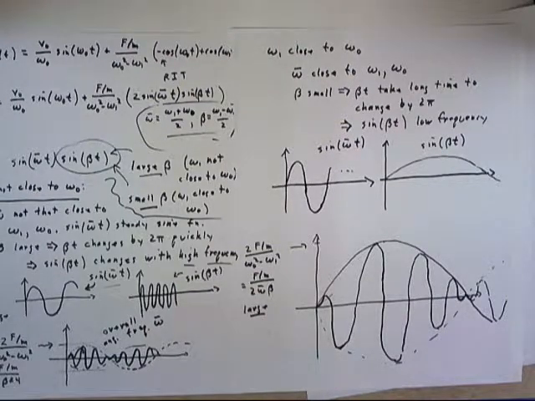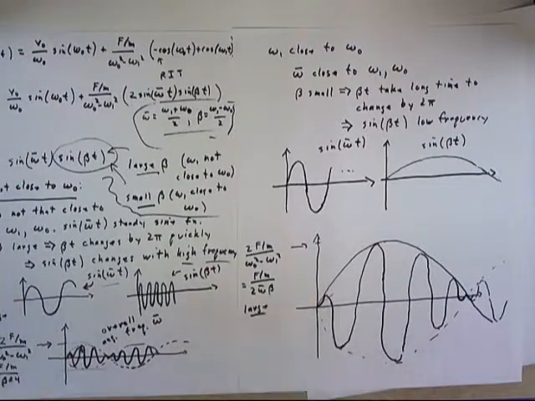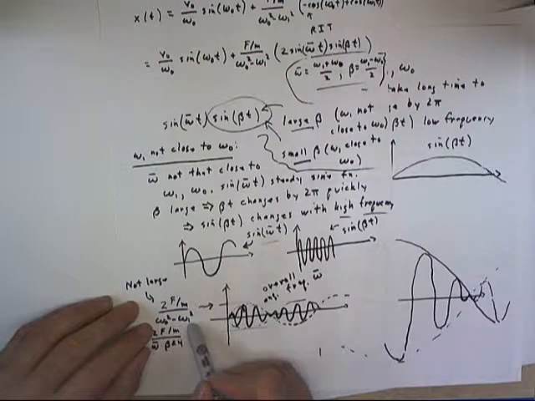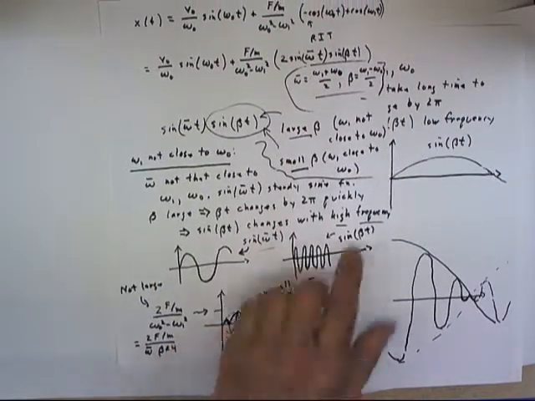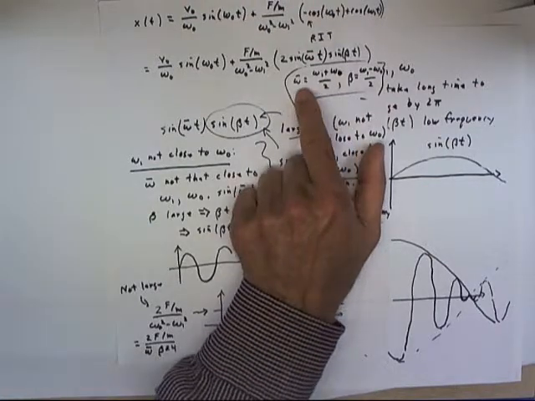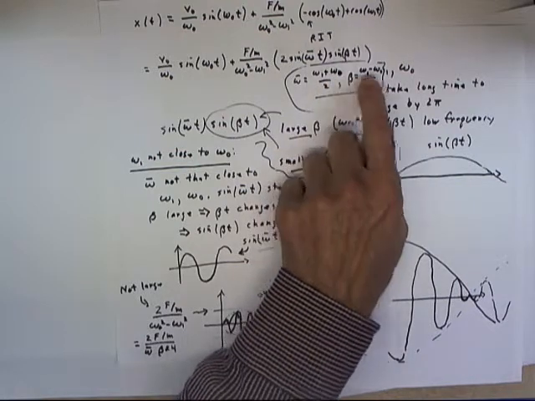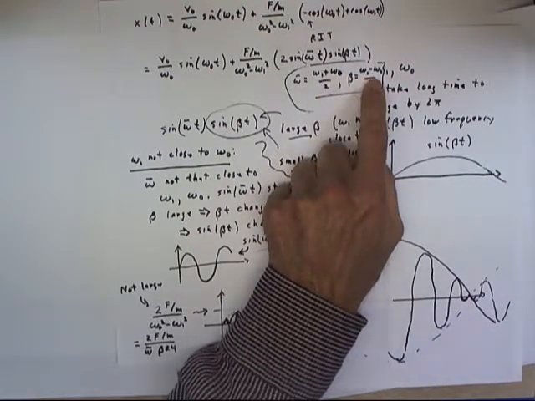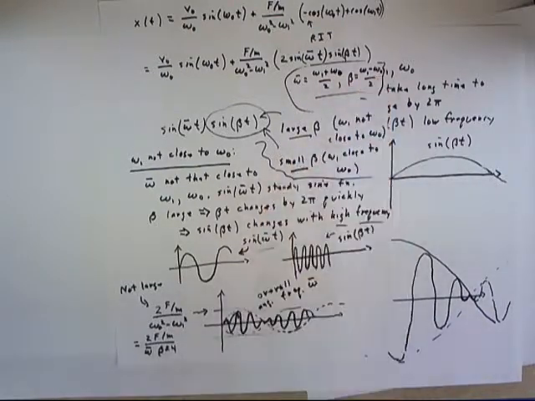I'll also point out, it was done over here and it's done here, that omega naught squared minus omega 1 squared is simply, if we take the product of omega bar and beta, the numerator is omega 1 plus omega naught times omega 1 minus omega naught. If we multiply these together, we get omega 1 squared minus omega naught squared.